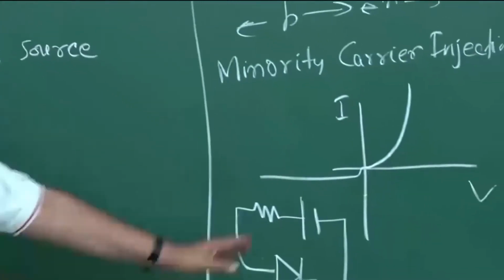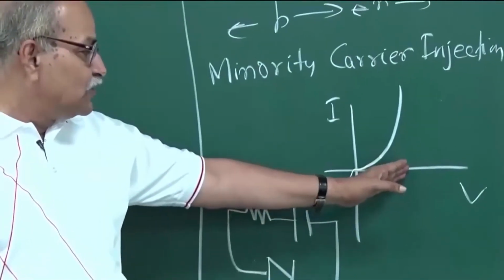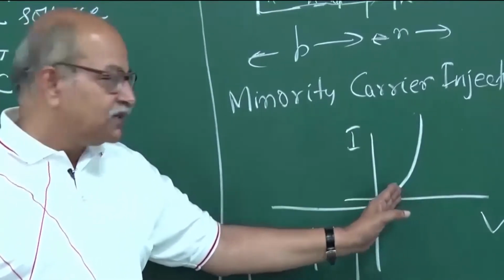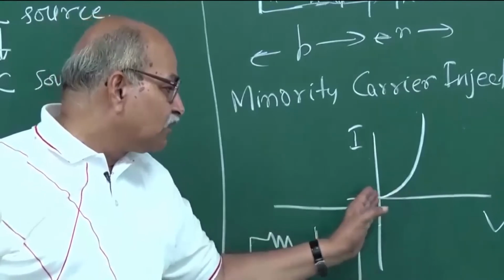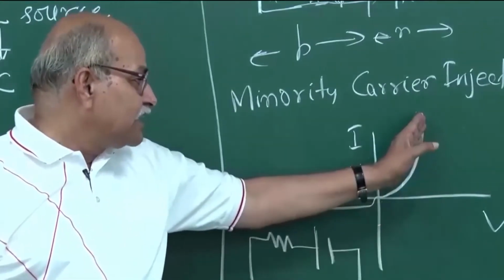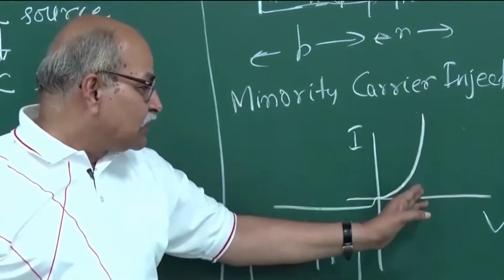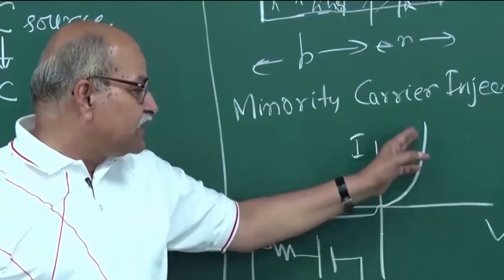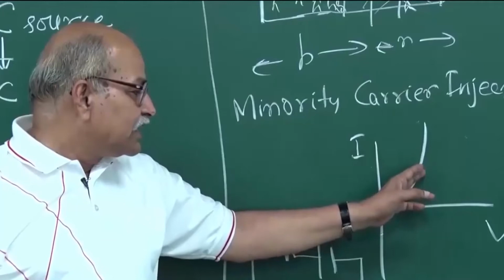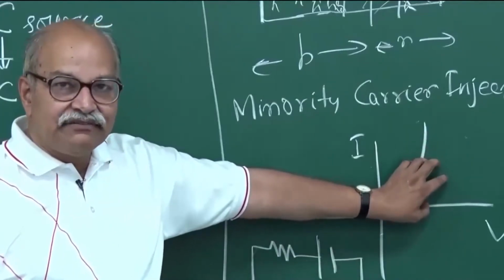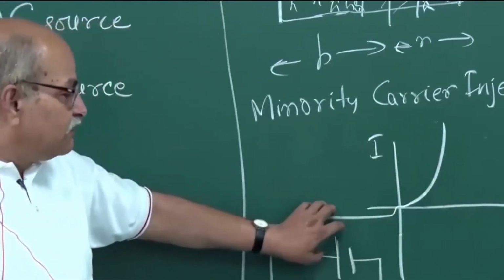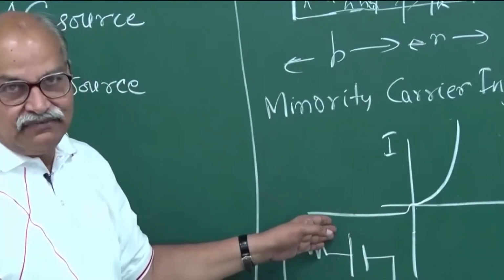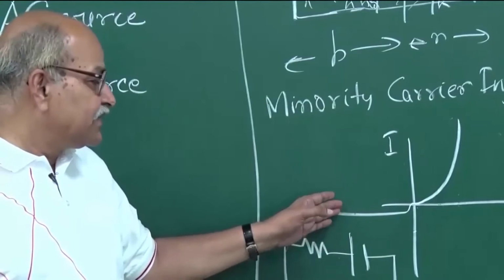But for that I will model this diode's IV characteristics. In the forward biased condition, you see that you have large current, at least after a few tenths of a volt. So a slight change in voltage gives a large change in I. You can say that the resistance here is very small. Whereas in reverse, you apply so much voltage and you don't get significant current, so the resistance is very high.